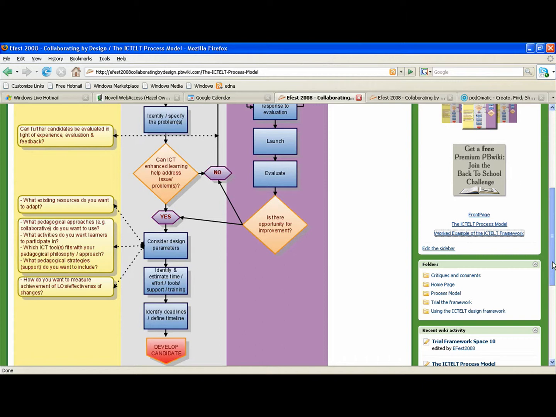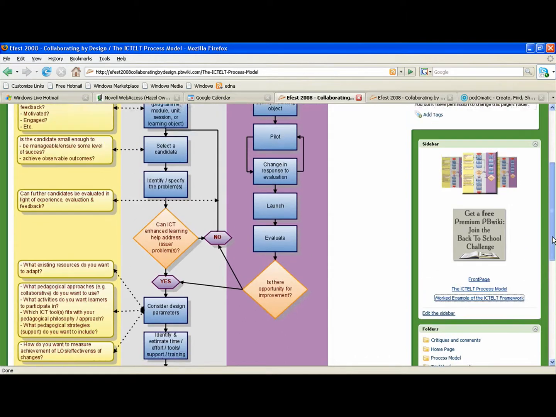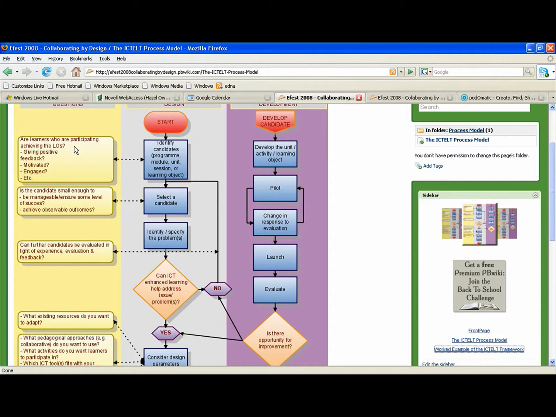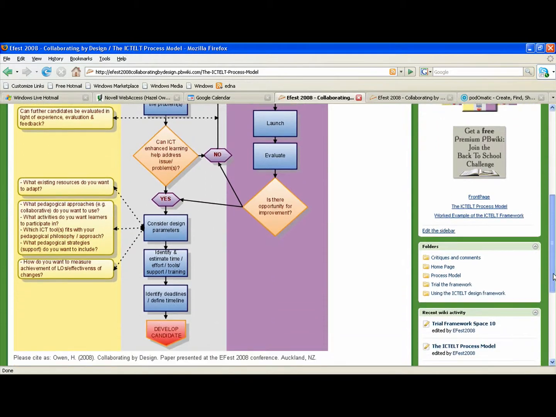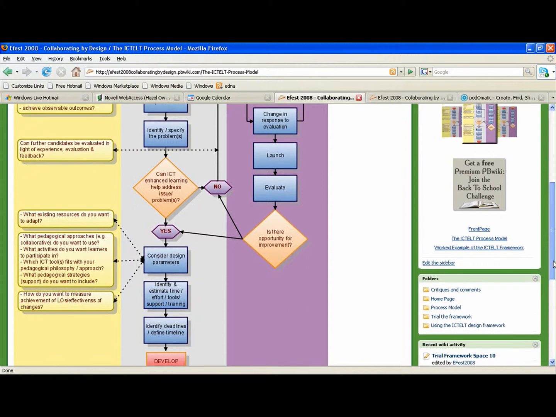The framework has a set of guided questions that scaffold the design and form a basis for collaborative discussion of design choices, as well as ICT tool selection and the complex process of incorporating a range of pedagogical approaches with a variety of tools. The complementary framework was designed to guide practitioners through the initial steps all the way through to the end product.